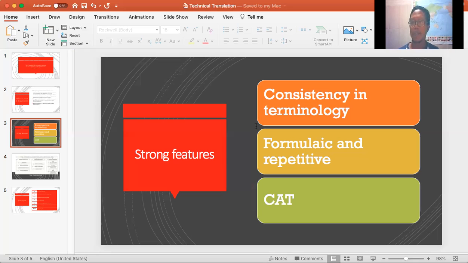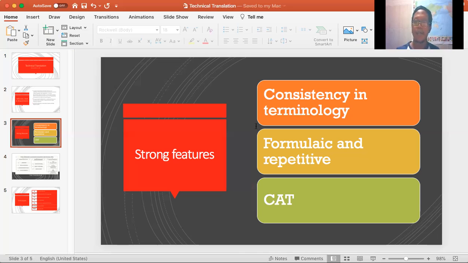It is also repetitive, meaning that this formula, this pattern, this jargon are used repetitively, and that's why it is always good for us as translators to develop the terminology, and also to use the help of computer assisted translation.